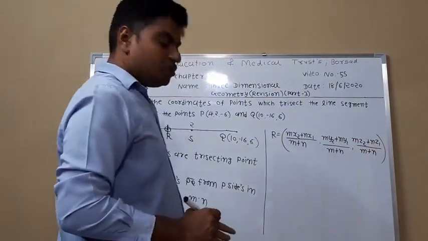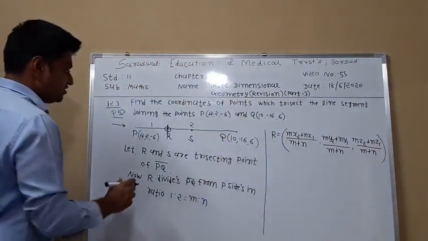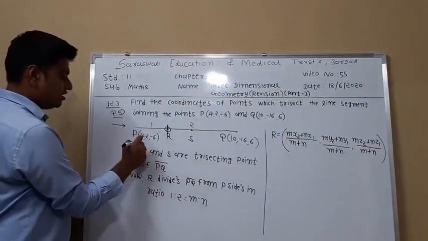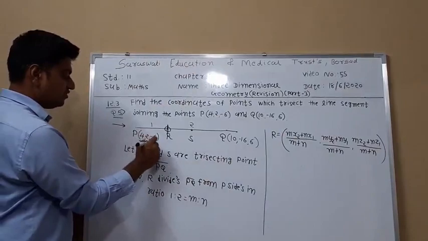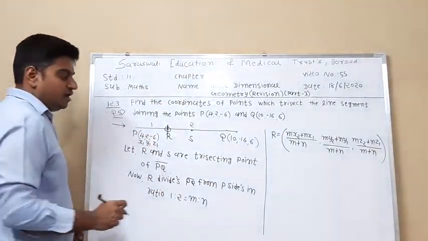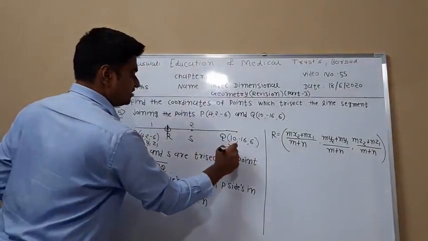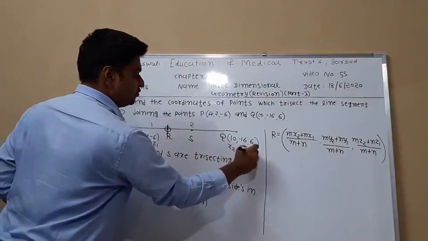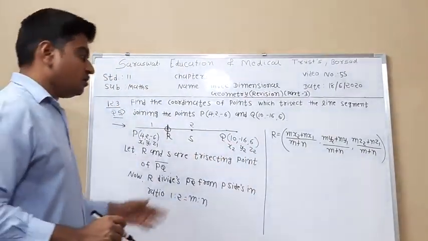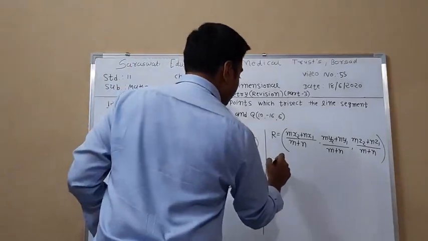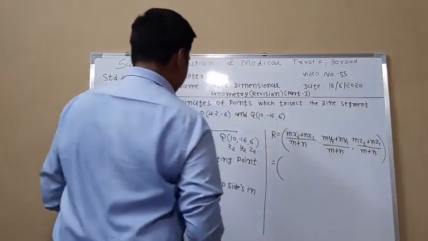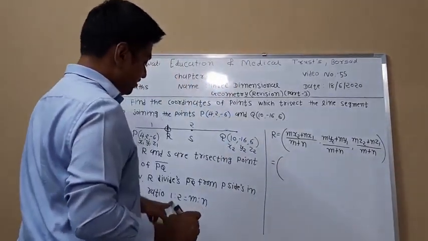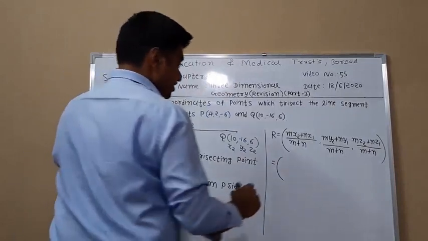Now substitute the values in this equation. Here the P coordinate we can call x1, y1 and z1, and the Q coordinate x2, y2, z2. So m is 1 and n is 2.